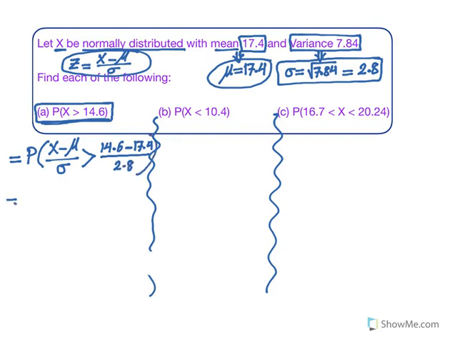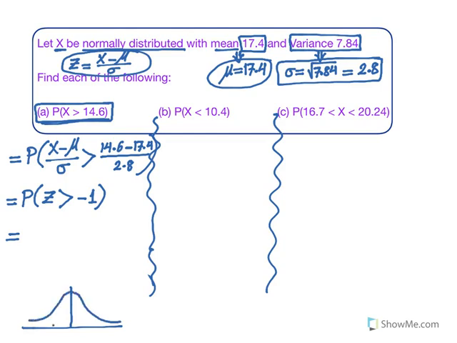And so this will be the probability that z is bigger than, if you compute this on your calculator, exactly -1. Now to find this probability, remember, if you have the normal curve and -1 is here, you want the area to the right of -1.